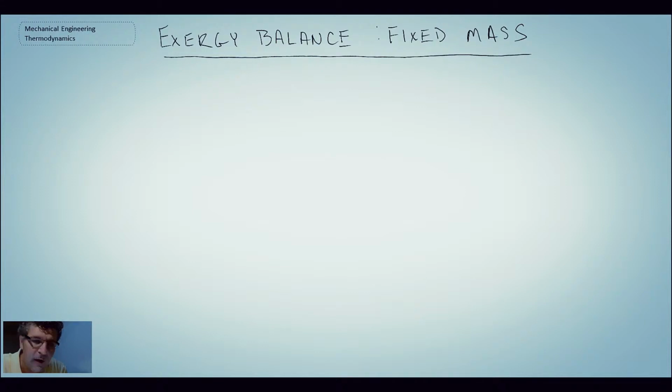We also saw that the exergy destroyed could be related to the amount of entropy generated. And I said that sometimes it's easier to just calculate the entropy generation than it is to do the exergy destruction, which we will see in the example problem at the end of today's lecture. So we're looking at exergy balance for fixed mass systems.